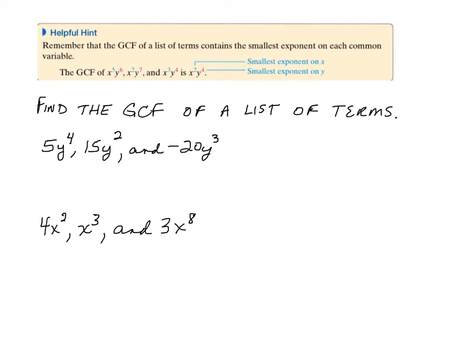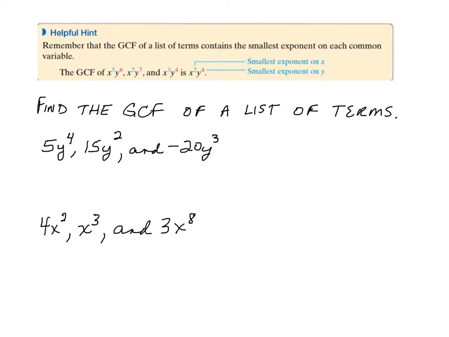Okay, so remember that the GCF of a list of terms contains the smallest exponent on each common variable. That's what I just finished saying. Now, let's look at finding the GCF of a list of terms here. We have 5y to the fourth, 15y squared, and negative 20y to the third.